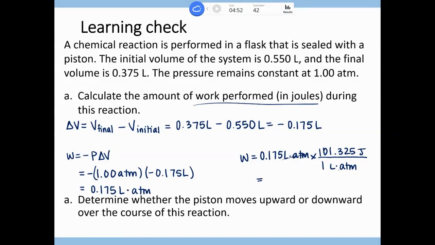We cancel out liters times atmosphere and we get 17.7 joules of work. Questions on this problem here?